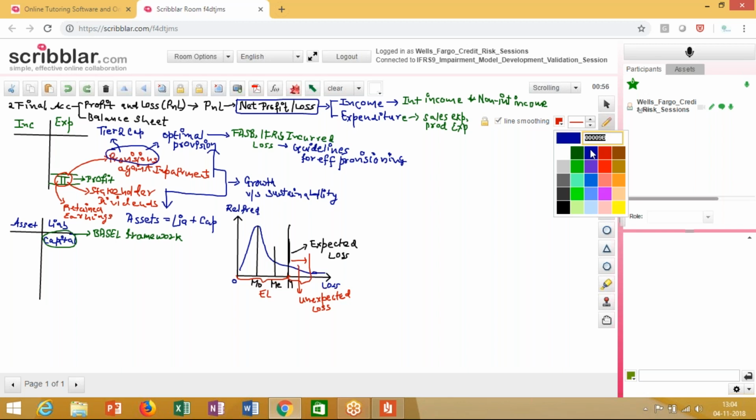So the change in the fair value of a collateral would be counted into unexpected credit loss or expected credit loss? Expected losses. For instance, under IFRS it would mean expected losses.